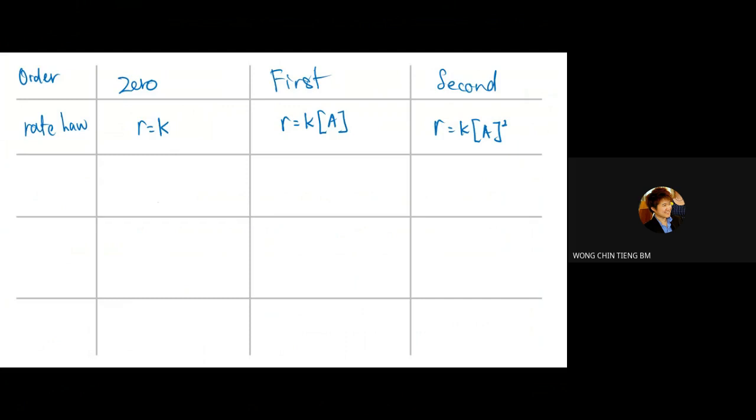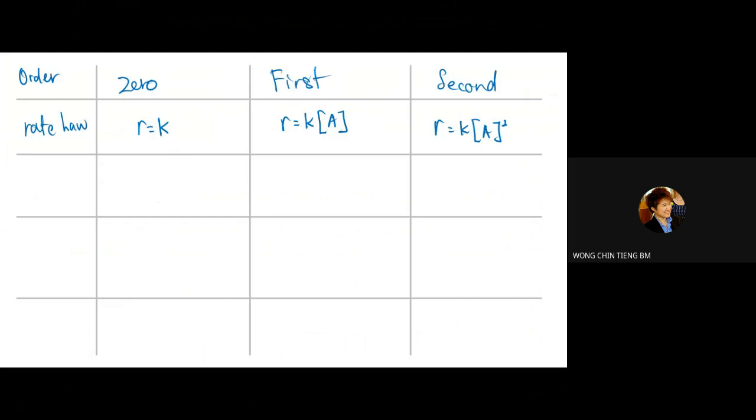Faham ke soalan saya? The power of what? The power of the concentration of the reactant. Betul? Okay. The power of the concentration of your reactant over here akan represent the order of the reaction. Then that is the reason why your 0 order becomes R equals to K, like we discussed last week, where the concentration of A is to the power of 0. So dia sama dengan 1 lah.